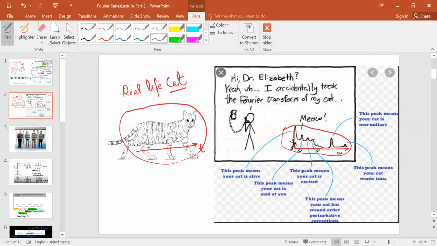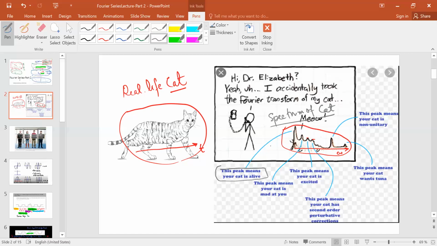So let me write it down. This is the spectrum of the cat. So we took the spectrum of the cat because now we are watching everything with respect to omega. There is no time here. Everything is with respect to omega. Now each of the peaks is telling me something. For example, this peak may be telling me that the cat is alive.